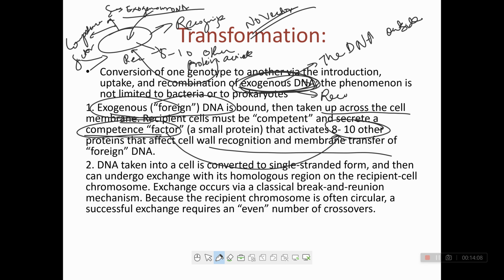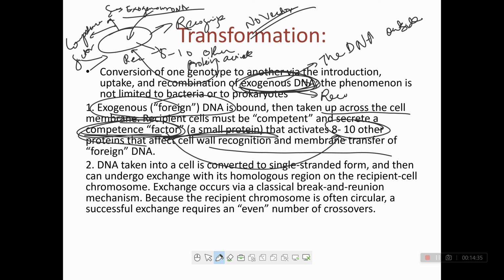This is how the exogenous DNA will be taken up by recipient cells. Remember that the competence factor is a small protein which helps in acceptance of this exogenous DNA. Remember this always.